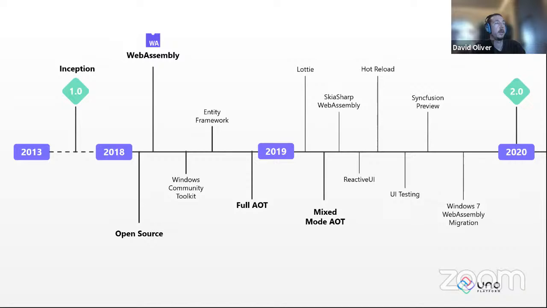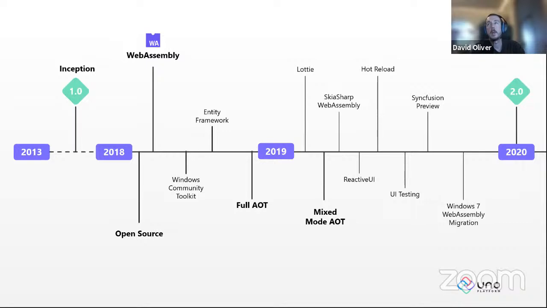So let me take you through a very quick history lesson of Uno. So the software itself actually dates back about 8 years. We created it internally at Inventive in Montreal in Canada. We've used it on a number of production apps. And in 2018, we saw that Microsoft were creating support for running .NET in WebAssembly.